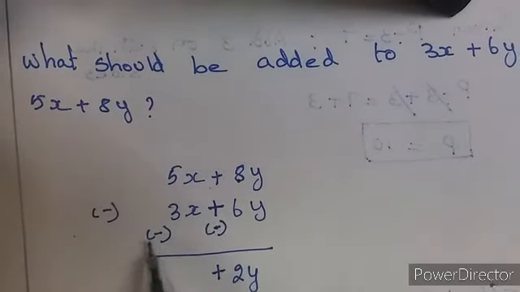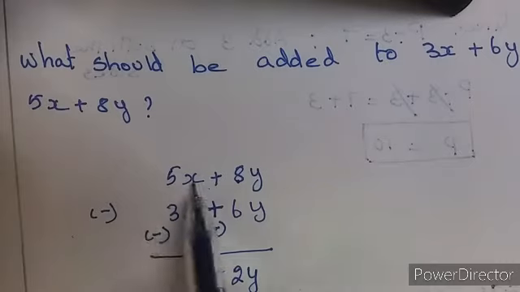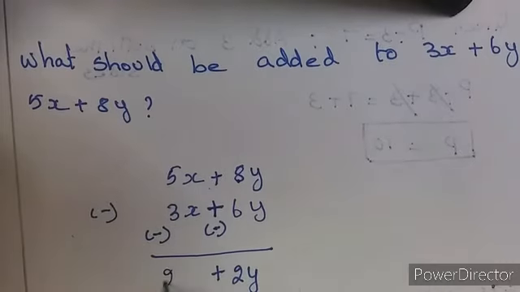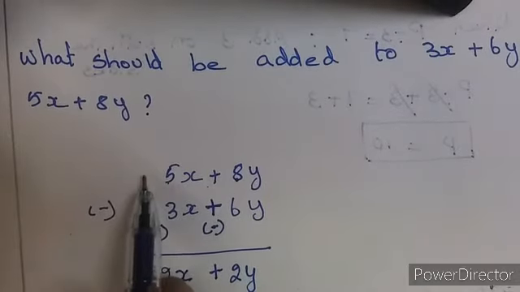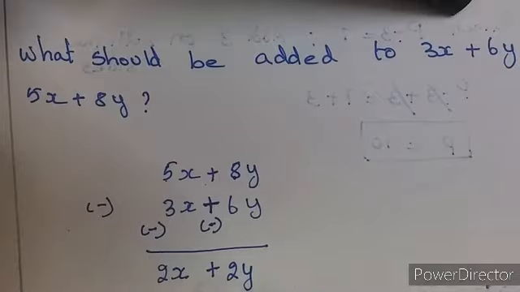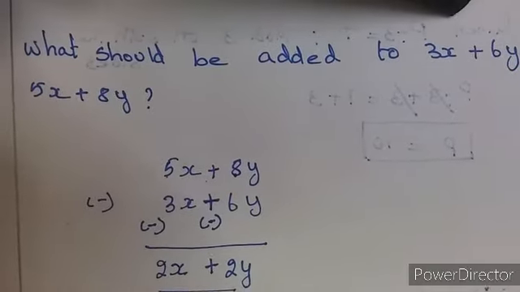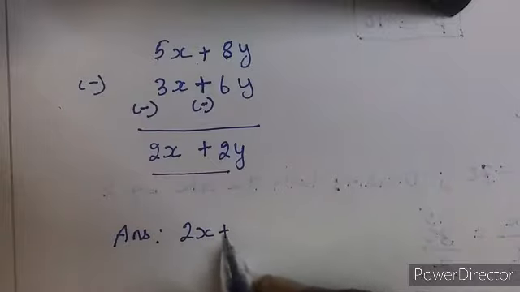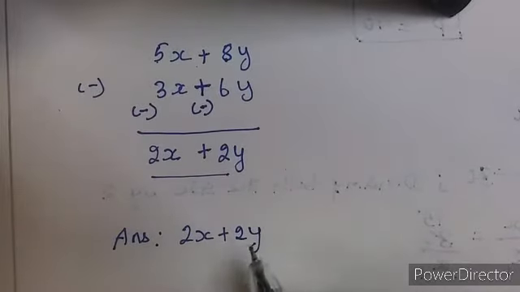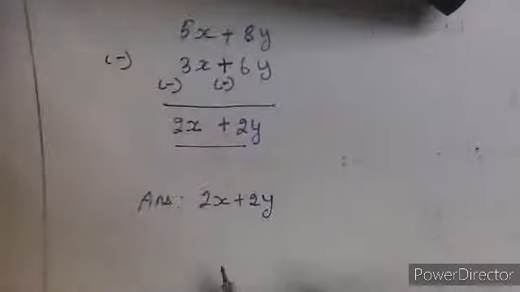Now 5x minus 3x is 2x. Which number is greater? 5. The sign for that is plus. So your answer is 2x plus 2y. Next one.